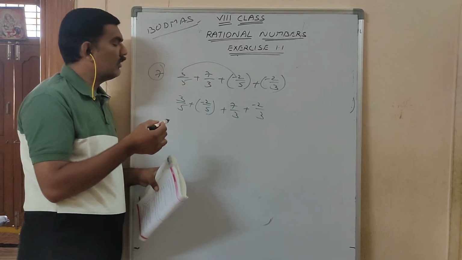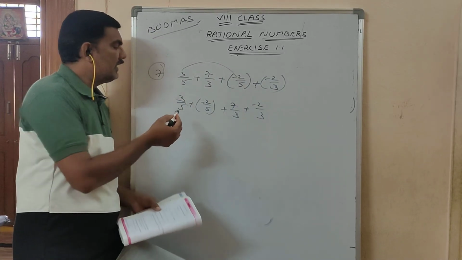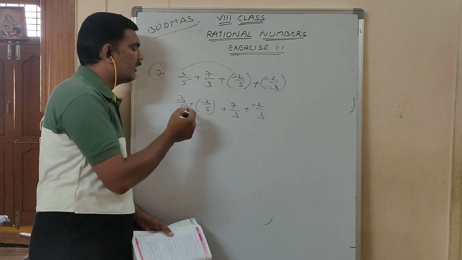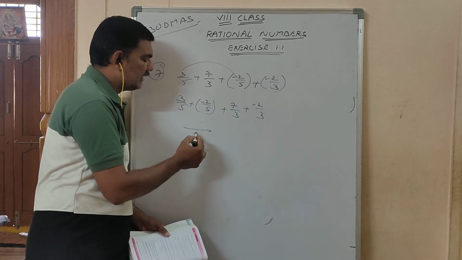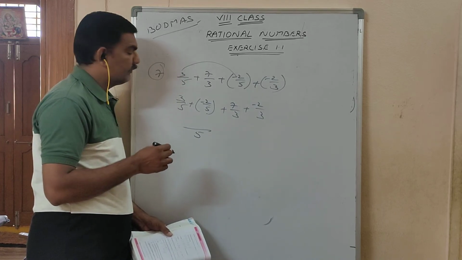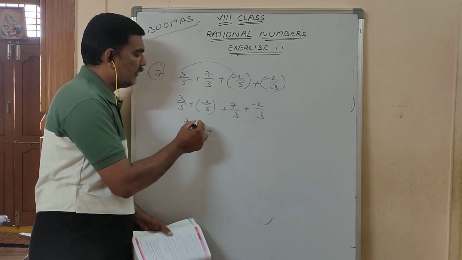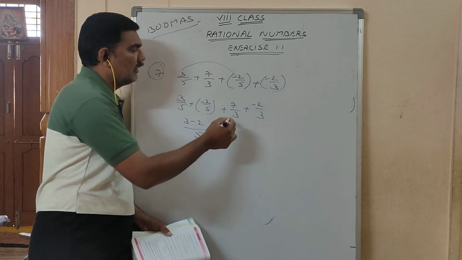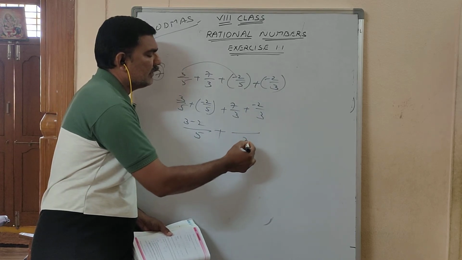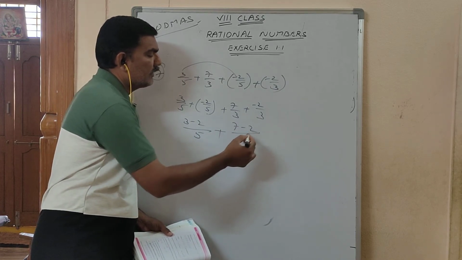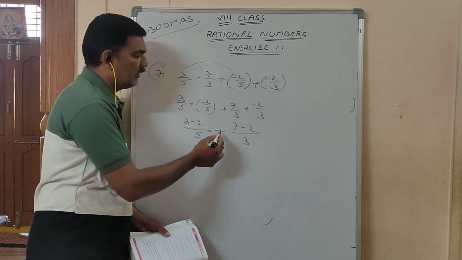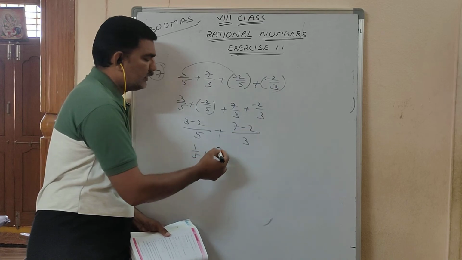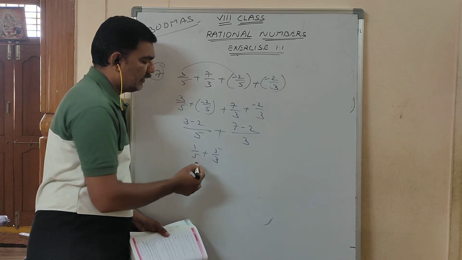Can I write like this or not? Then it is very easy to add these two, because for like fractions, if the denominators are the same, the LCM will come as the same, 5 only. Then numerators will become 3 minus 2, plus, like fractions, LCM is 3, 7 minus 2. 3 minus 2 is 1, 1 by 5 you got it, plus 7 minus 2 is 5, 5 by 3.